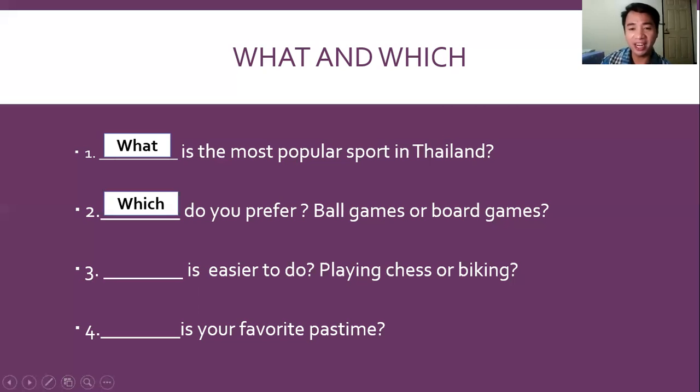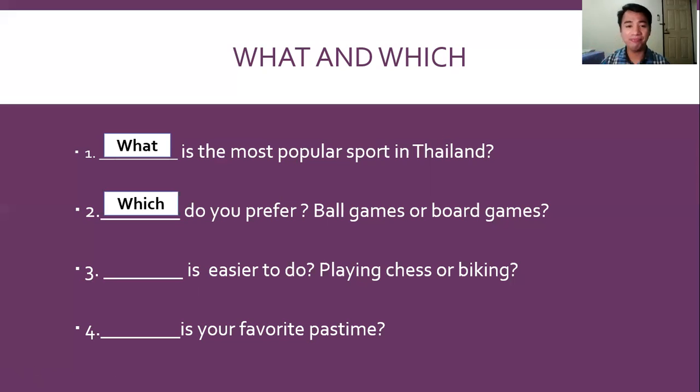Which do you prefer? Ball games or board games? So if I'm going to ask you, which do you prefer? Ball games or board games? How will you answer? So you can say, I prefer ball games. Or you can say, I like board games. Just like that.